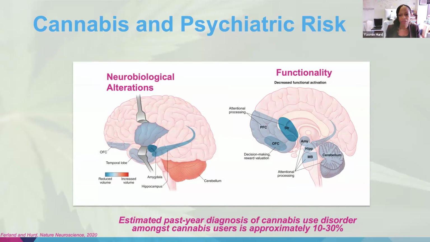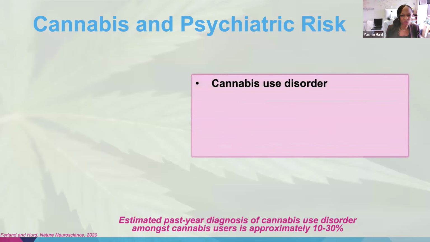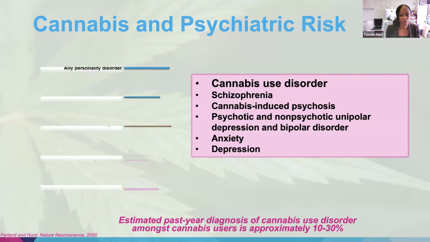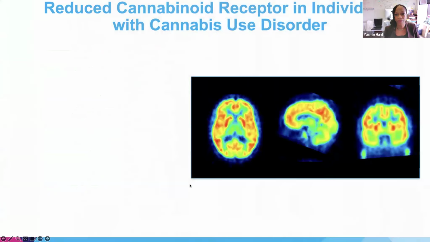So cannabis is not just benign on the brain. And it's not just cannabis use disorder. Use of cannabis during the adolescent window is important because other psychiatric disorders are at risk during this time, from schizophrenia and related psychosis to anxiety and depression. In fact, there is a high psychiatric comorbidity with cannabis use disorder, whether schizotypal disorders or anxiety-related disorders.